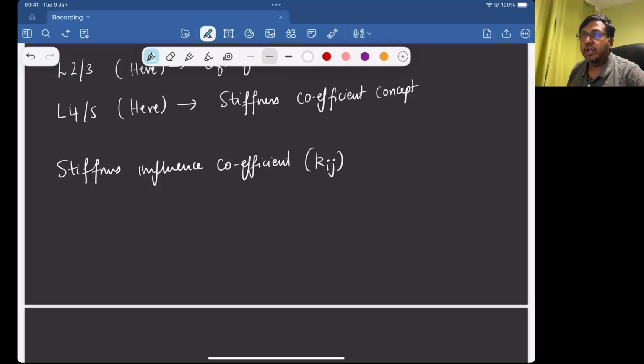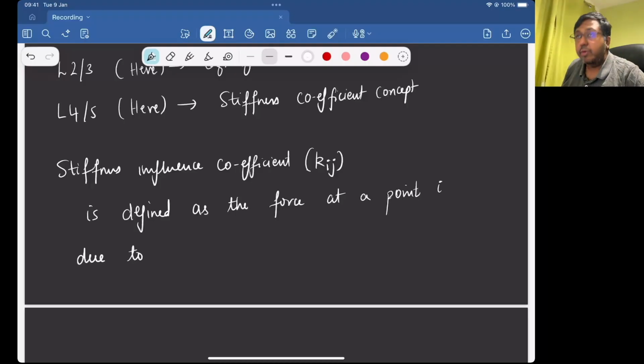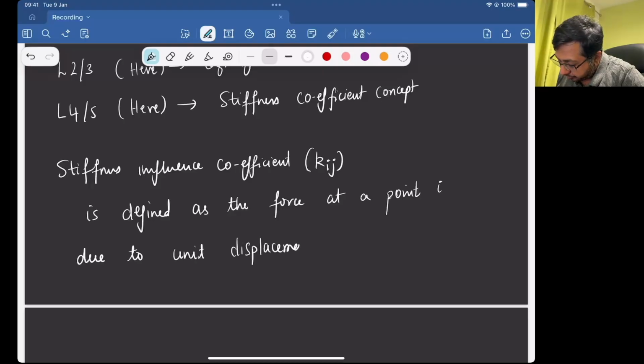We'll come back to what they mean. It is defined as the force at a point i due to unit displacement at a point j. So what I am saying is, with all other points fixed.